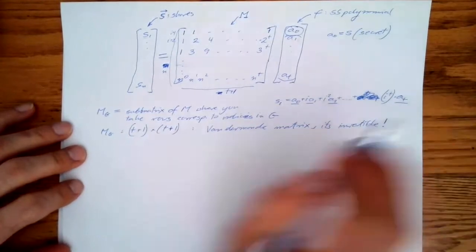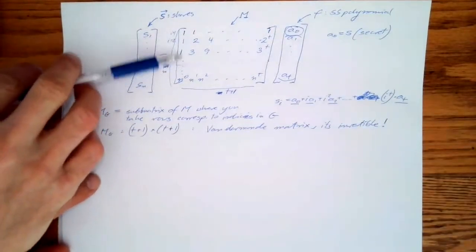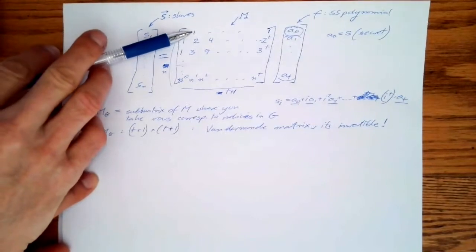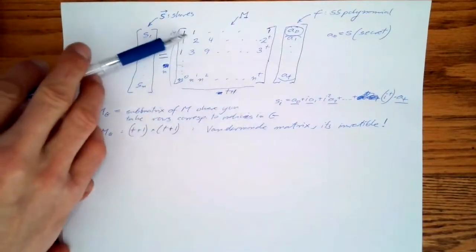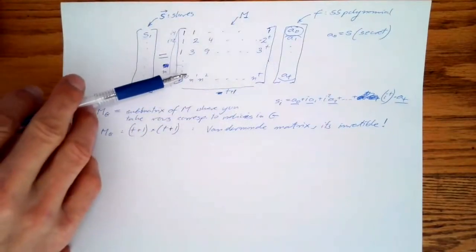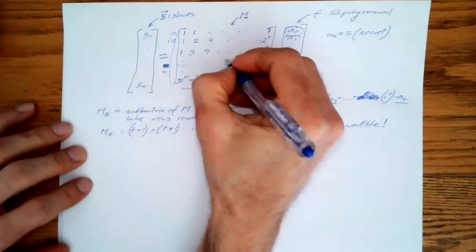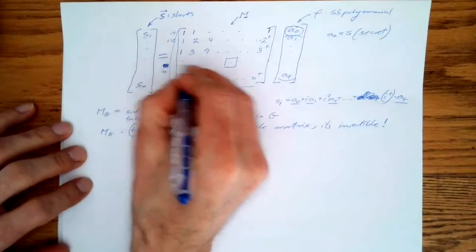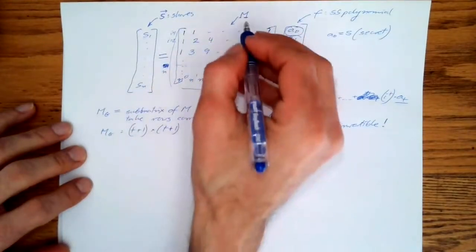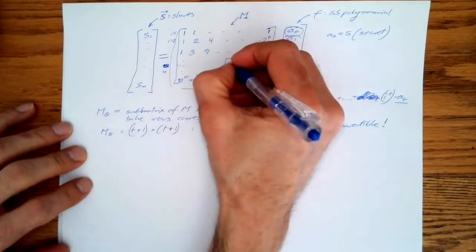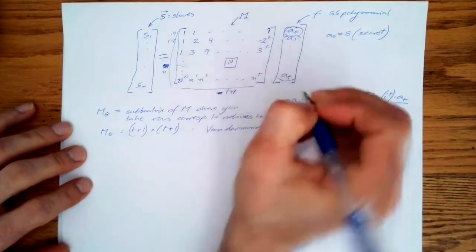In fact, it's invertible for any choice of different indices. At the ith row and jth column I have i to the j.